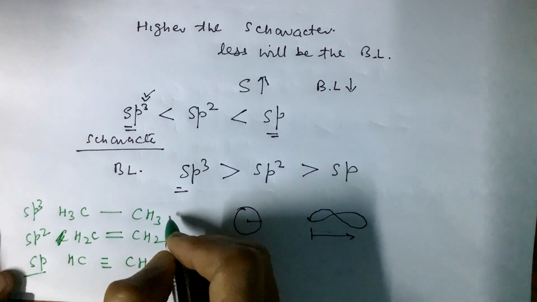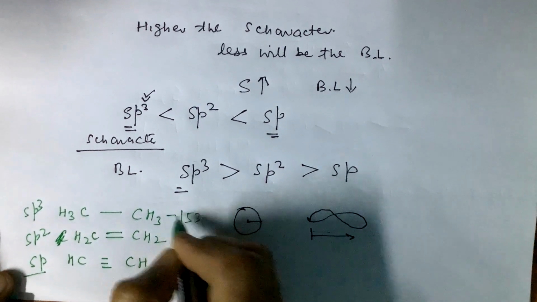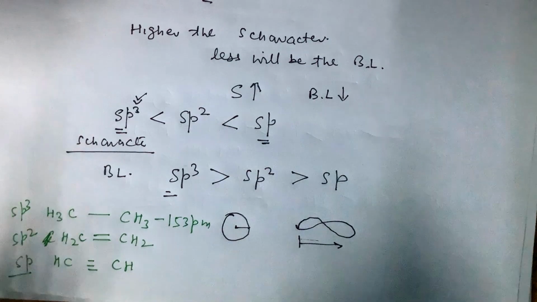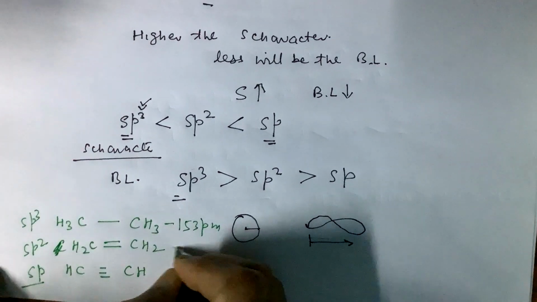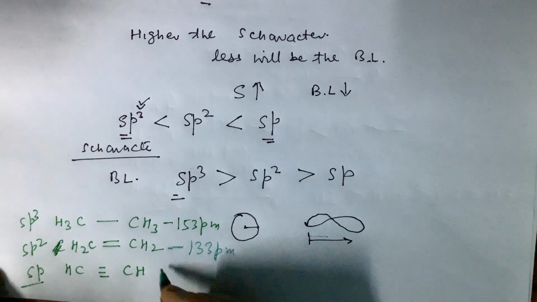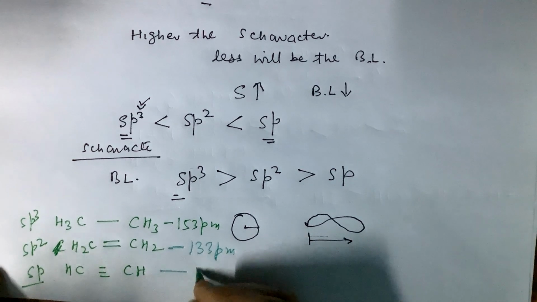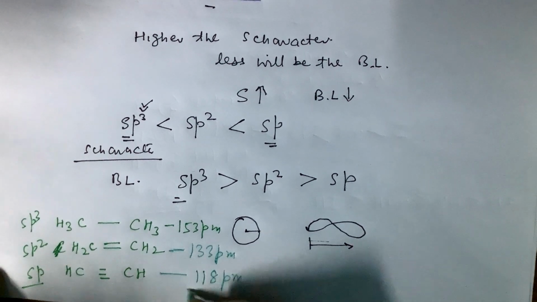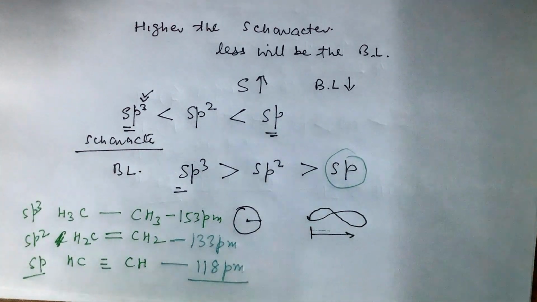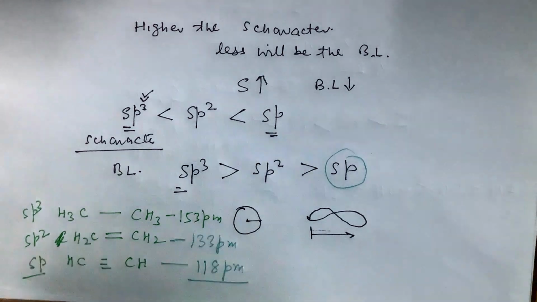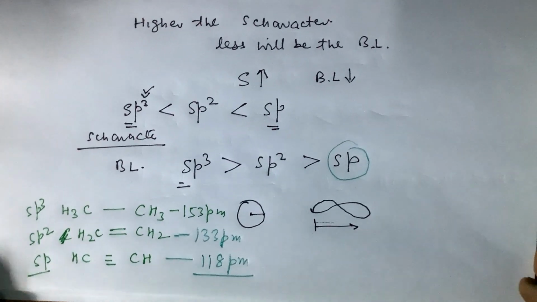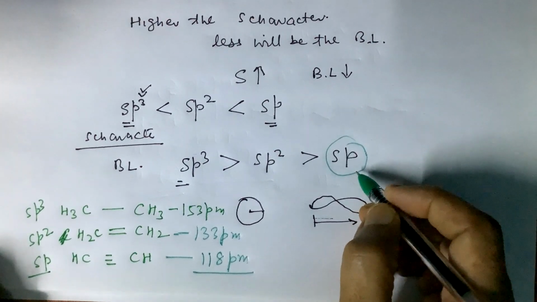This bond length is 153 picometer, in sp2 hybridization this is 133 picometer, and in sp hybridization it is the least, because the s character of the hybridized orbital is most in sp hybridization.